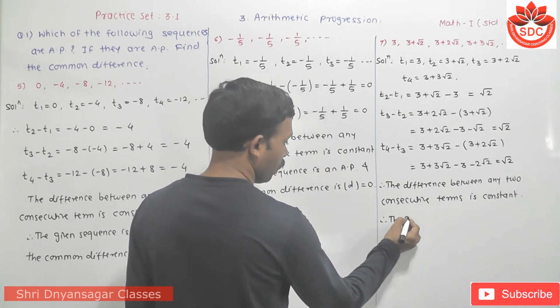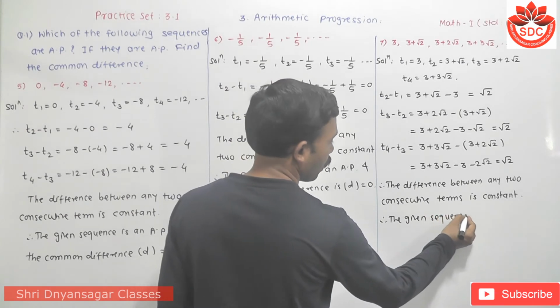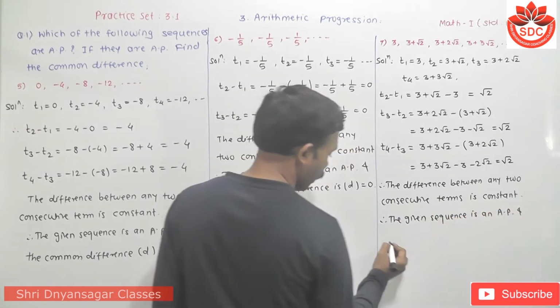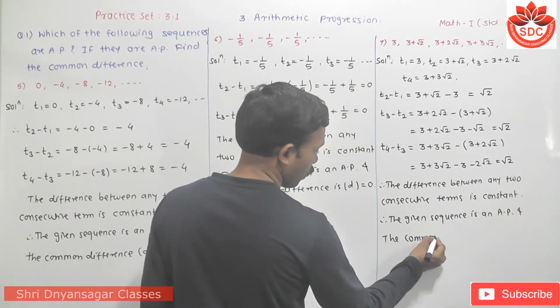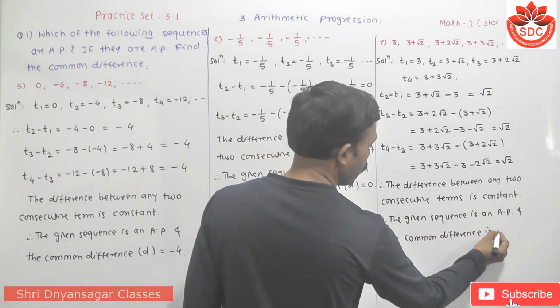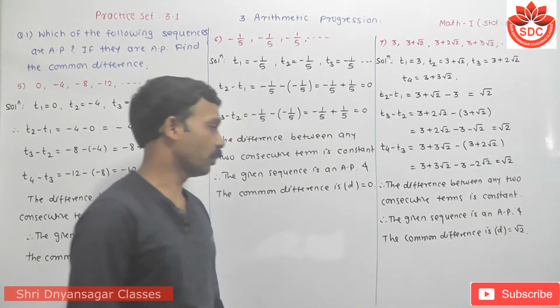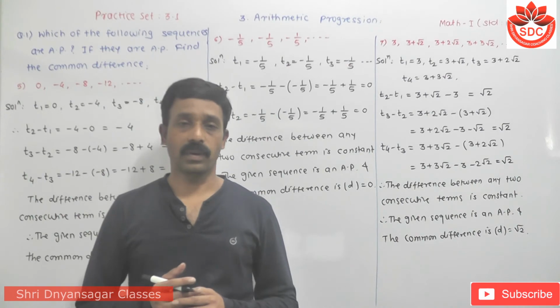Therefore, the given sequence is an AP and the common difference D is equal to how much? Root 2. Students, there is one more example which is also for your homework.